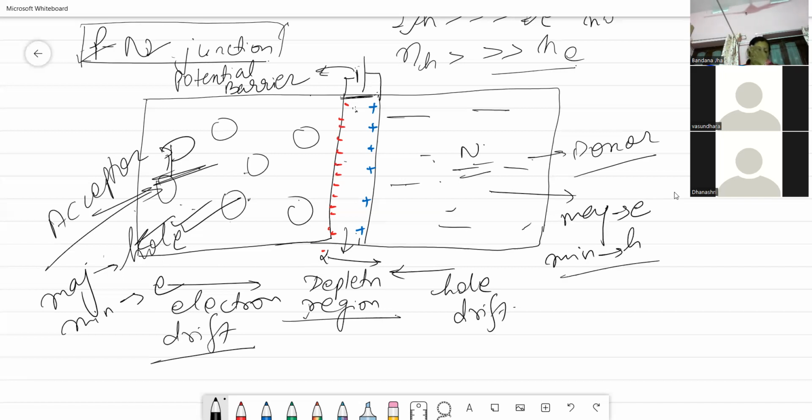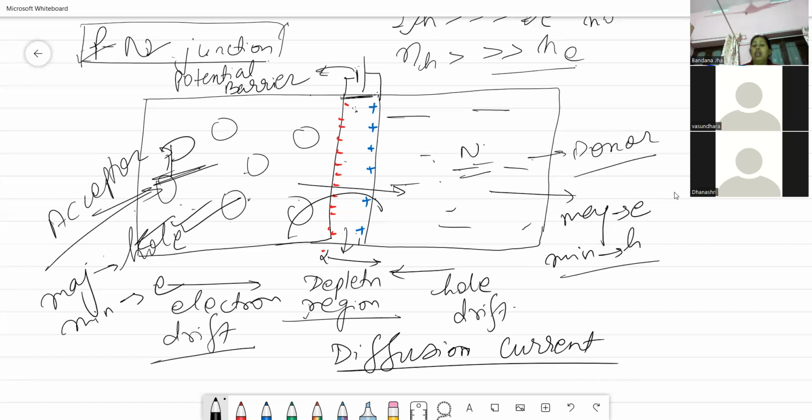So diffusion current is that current where the majority charge carriers cross the junction and give rise to electric current. Whatever current is flowing when we join our PN junction is known as diffusion current.